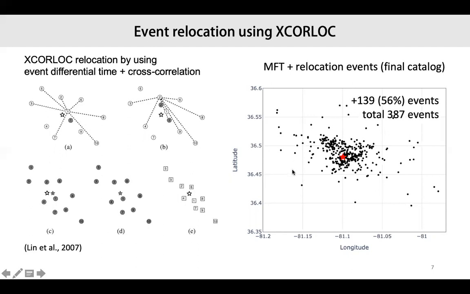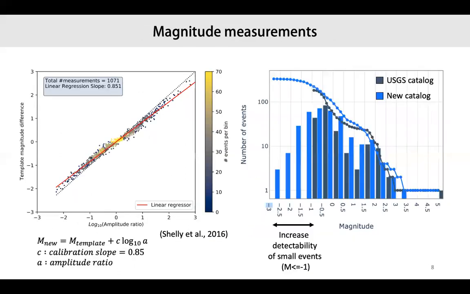Here on the right shows you the final locations of the template earthquakes, as well as detected events picked up by match filter. As you can see, we identified 139 more events, and the earthquakes start to show some linearity. We will circle back to the spatial distribution of earthquakes in a few slides.